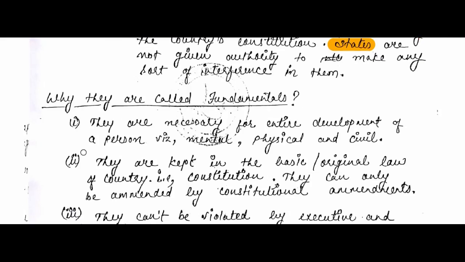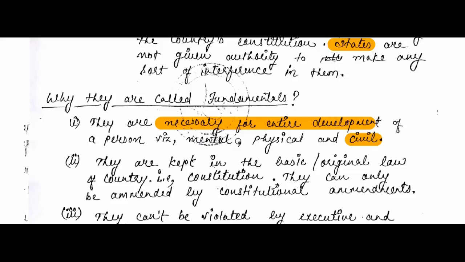The reasons why they are called fundamental are, first, they are necessary for the entire development of a person: mental, physical and civil. It's written civil, I take my words back, it is moral or ethical. So do correct it. The first reason why they are called fundamental is that they are necessary for the entire development of a person, meaning mental, physical and ethical development.